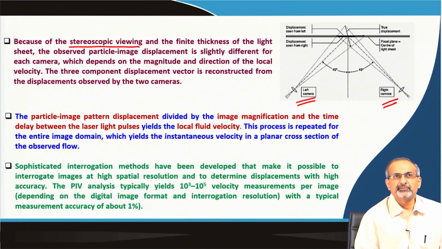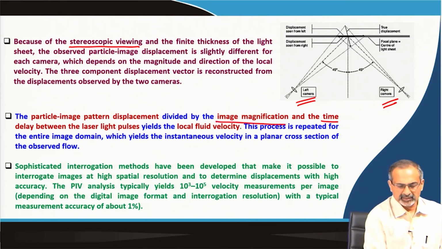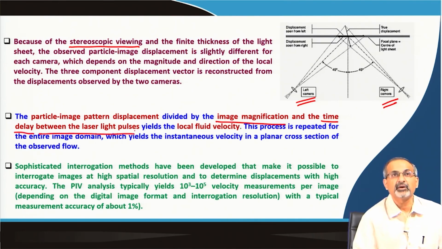The observed displacement is slightly different for each camera because they are looking from different angles, and that depends on the magnitude and direction of the local velocity. The three component displacement vector is reconstructed from the displacements observed by the two cameras individually. The particle image pattern displacement divided by the image magnification and the time delay between the laser light pulses yields the local fluid velocity.